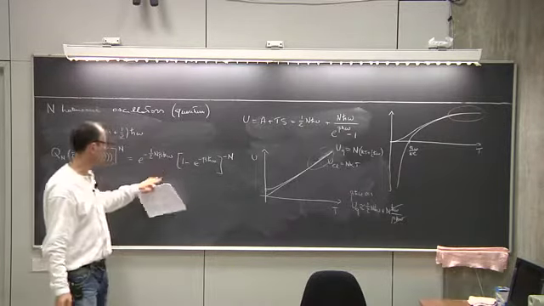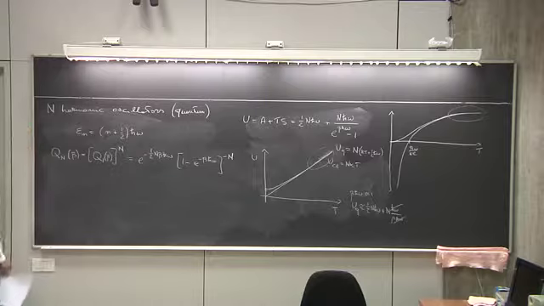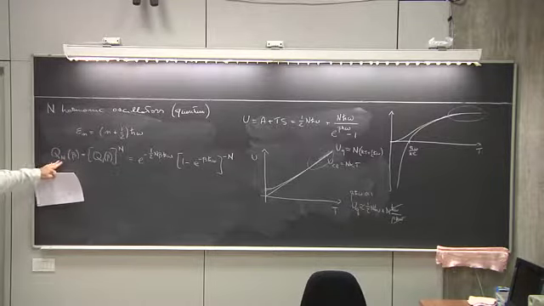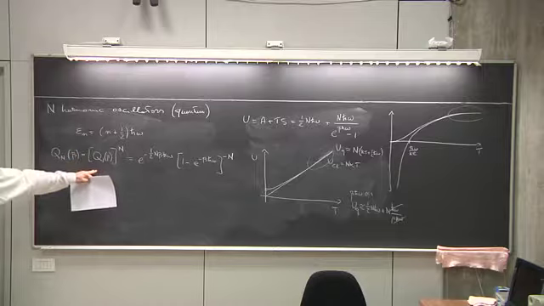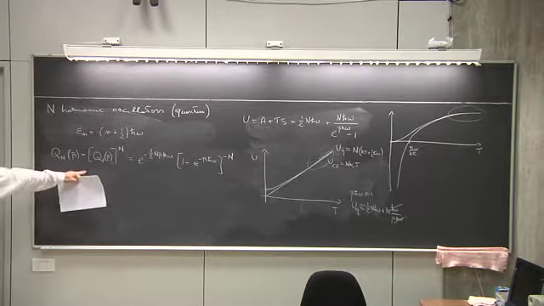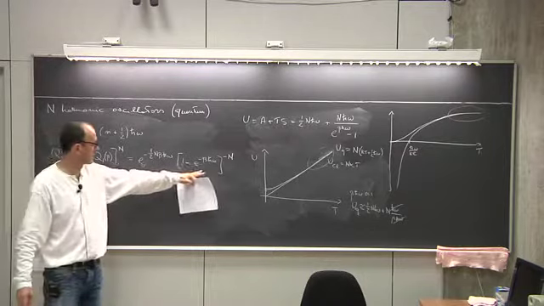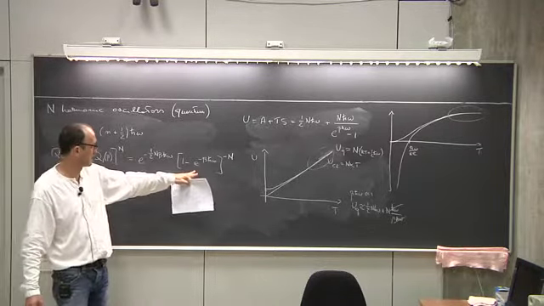So we know that this Q_N of beta should be the integral over the density of states of e to the minus beta E. Okay, so we have this explicit expression here.